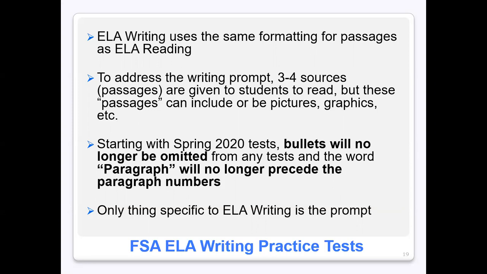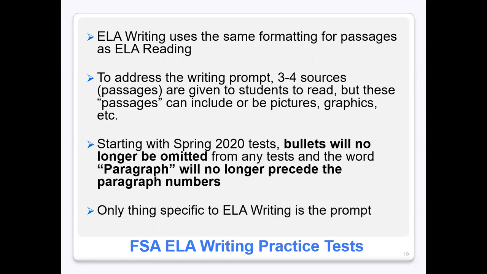And we'll get into specifics about this in a few minutes. But for the writing tests, you probably will still see paragraph because they're not redoing the writing practice tests, okay? So any practice materials that have been updated or changed, we've been able to update and change the Braille. If they have not been updated, then they're going to be the way they were originally.